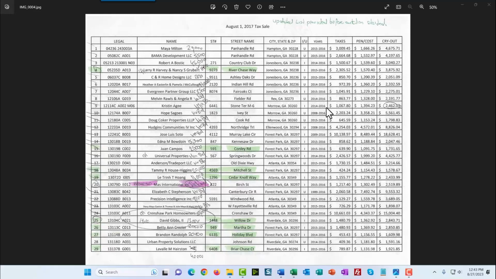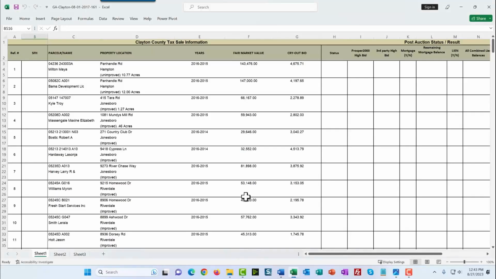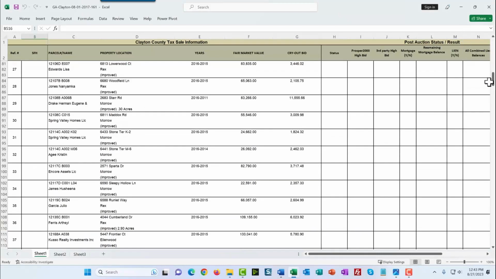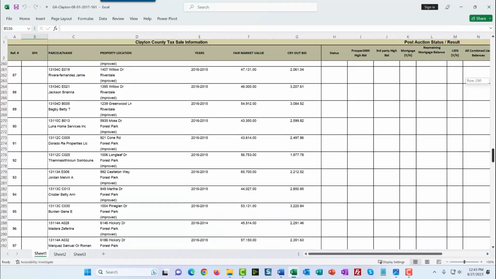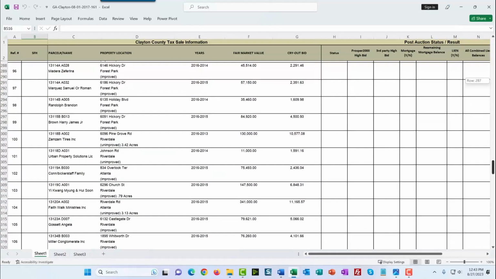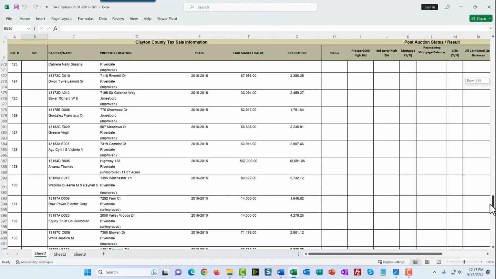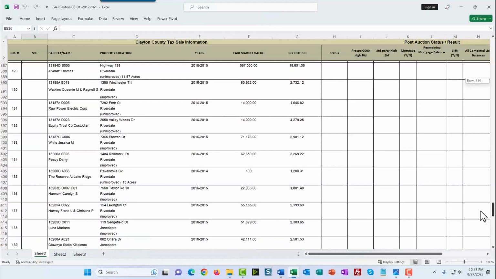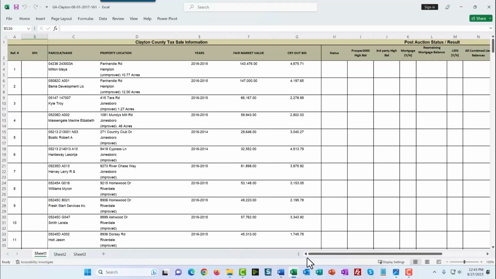Once I received the list, the first thing I did was import it into an Excel spreadsheet, and it looks something like this. Again, we have a total of 160 properties, and there are single-family homes, row land, and commercial properties. So you have different types of properties.